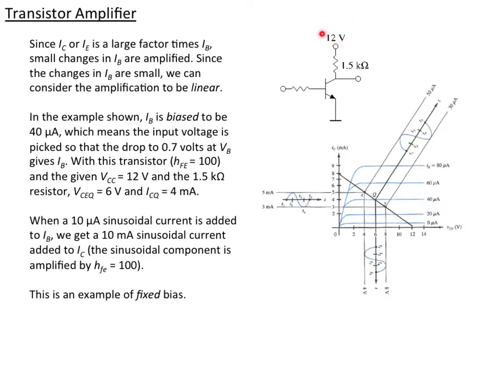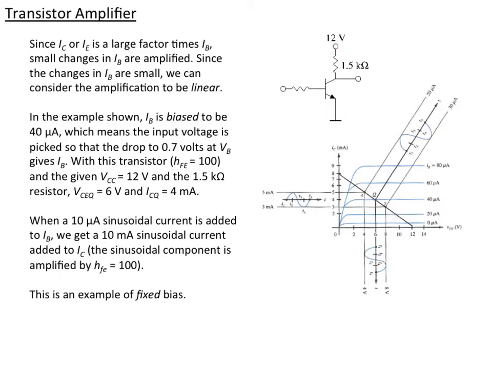Given that we have a voltage supply on the collector, VCC of 12 volts, we have RC equal to 1.5 kiloohms, and we want to look at the output voltage there. With that all set up, if we have 40 microamps here, we'll end up with 4 milliamps coming this way.